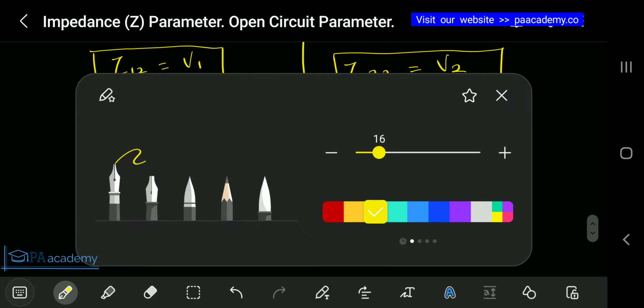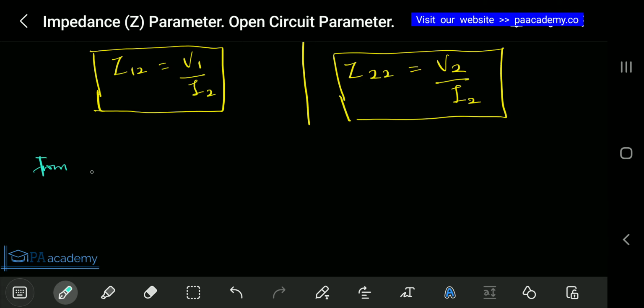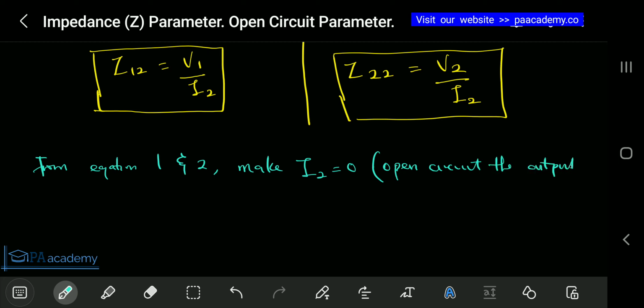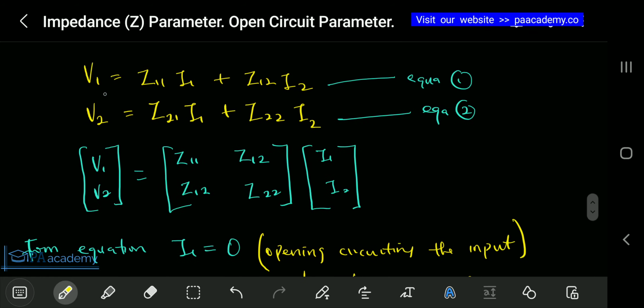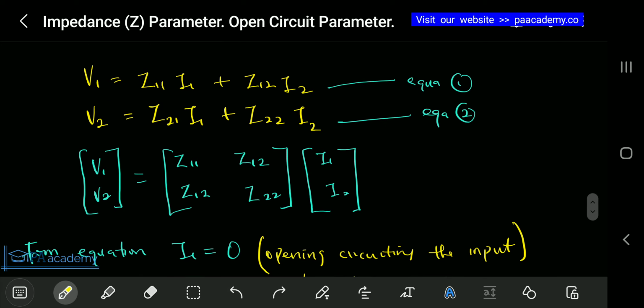Now if you go back to equations 1 and 2, and we decide to make I2 equal to 0, which is equivalent to open circuiting the output, then in equation 1, everything with I2 will be 0 and we'll be left with V1 equals Z11 I1. Let's write that out: V1 is equal to Z11 I1.